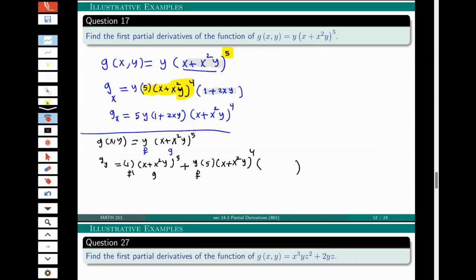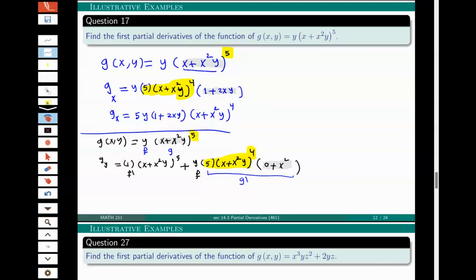A derivative of the inside with respect to y, derivative of x is 0. A derivative of x squared times y will be x squared. So basically we say this is a power, so derivative of the power will be that one. A derivative of inside the power with respect to y will be that one. So that will be all of it. Let me use another letter.